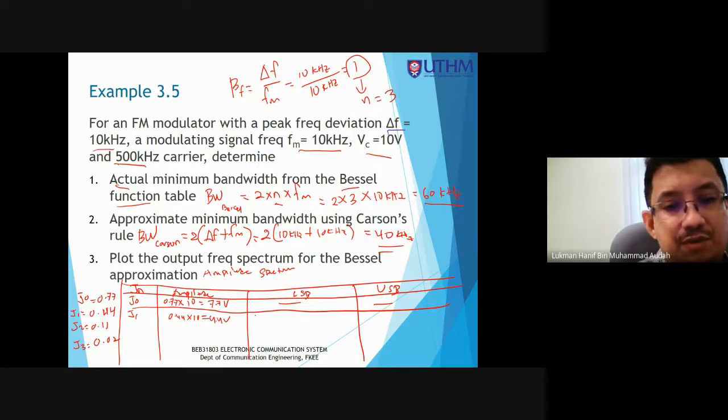The location of frequency is equal to Fc minus Fm. So this is 500K minus 10K. So we get 490 kilohertz. And here is Fc plus Fm. So we get 510 kilohertz.